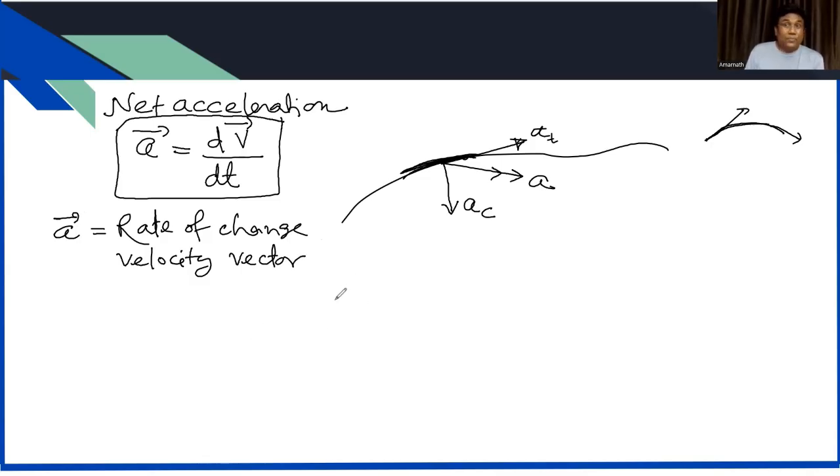Now, acceleration is of two types, okay? There are two types of acceleration. Number one is called tangential acceleration.